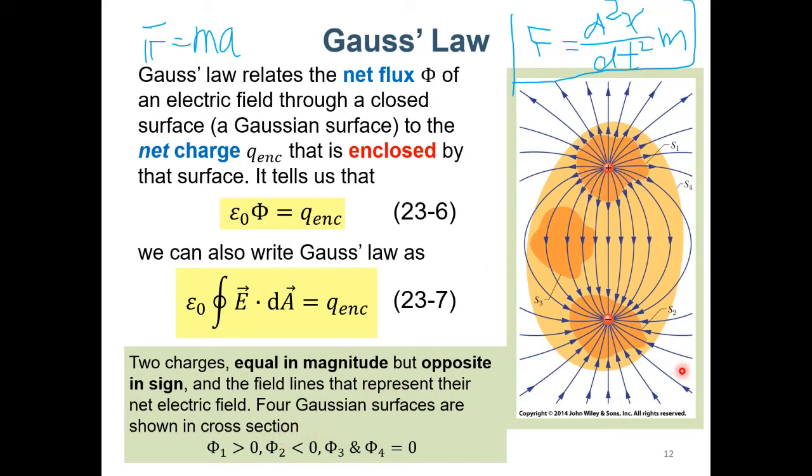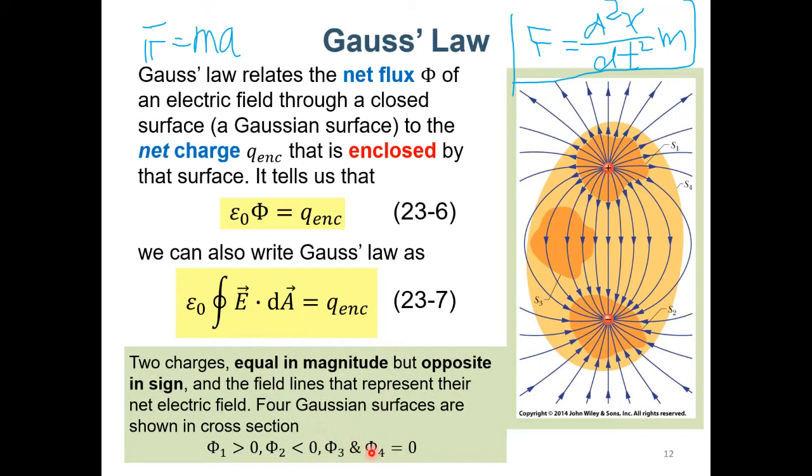And for phi 2, this is a negative charge enclosed by S2, so phi 2 should be negative, which means the electric field lines are flowing into the volume enclosed by S2.